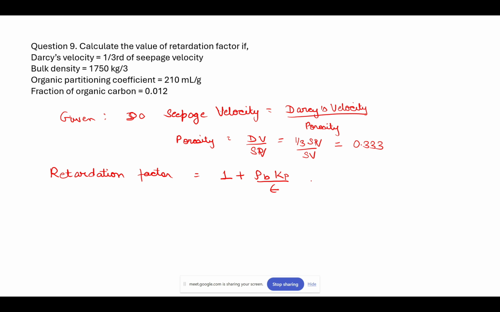Here bulk density is given as 1750 kg per meter cube, and the partition coefficient is KOC, that is the organic partition coefficient, into the organic fraction.